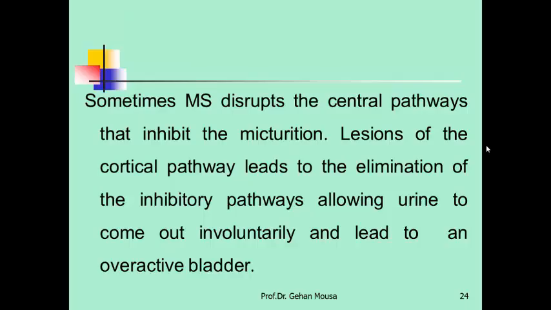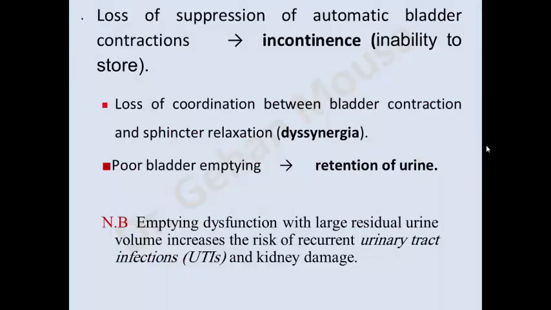MS sometimes disturbs the central pathway that inhibits micturition. So, the lesion results in elimination of the inhibitory pathway, allowing the urine to pass out, leading to overactive bladder or automatic bladder.